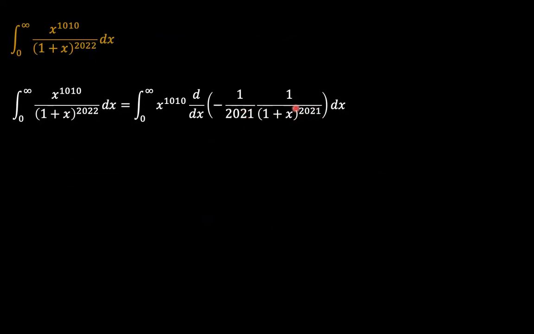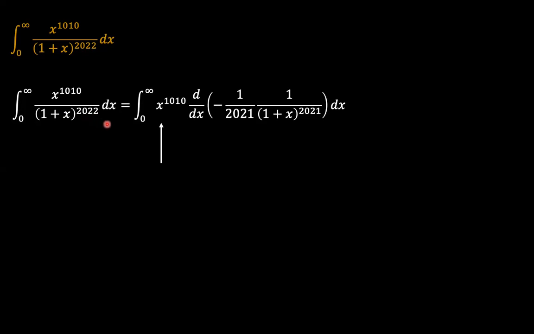Because if you differentiate this, you get what is in the denominator. In other words, it will be 1 over (1 plus x) to the power 2022.